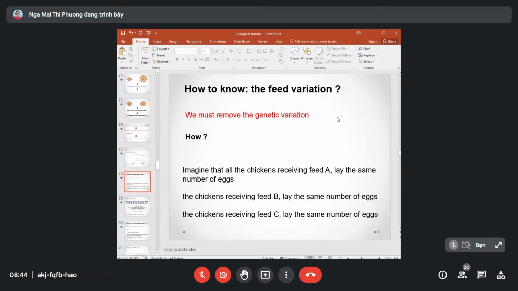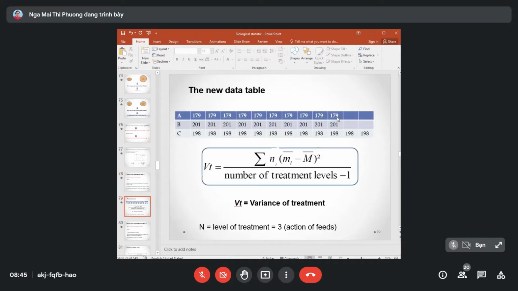So we will compare the average of A to the average of B and to the average of C. You will have a new data table like this, with feed A all having the same number of eggs, feed B and feed C as well. So the third parameter here is the variance of treatment.